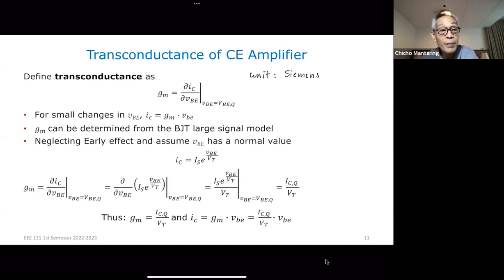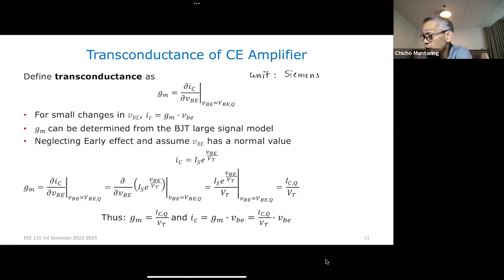Okay, now we can determine gm. We can determine gm by just getting this partial derivative. What we're going to use is the large signal BJT model. Now, in determining gm, to make it a little bit easier for us, we're going to neglect the Early effect, and we're going to assume that VBE has a normal value.